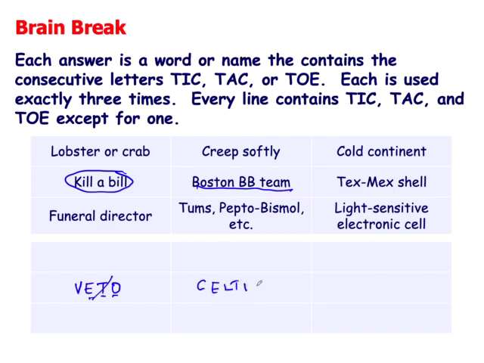Oh, yeah, tick. So that's got tick in it. And I'll do one more. Tex-Mex shell is a taco. That's the tack part of the tic-tac-toe. Maybe it's vetoed. Ah, that would work. Now I've got toad, and I got tick, tack, and toe all in one line.